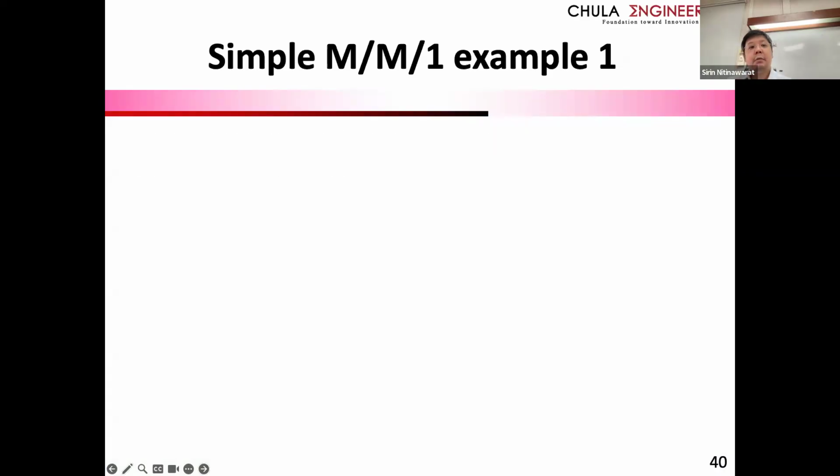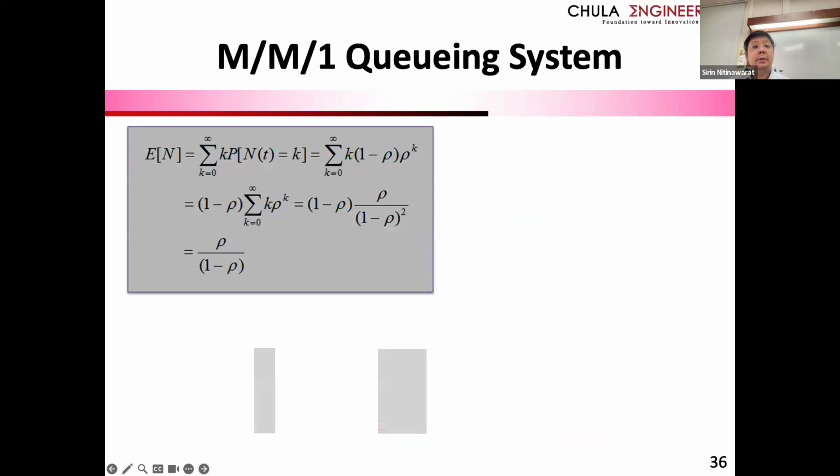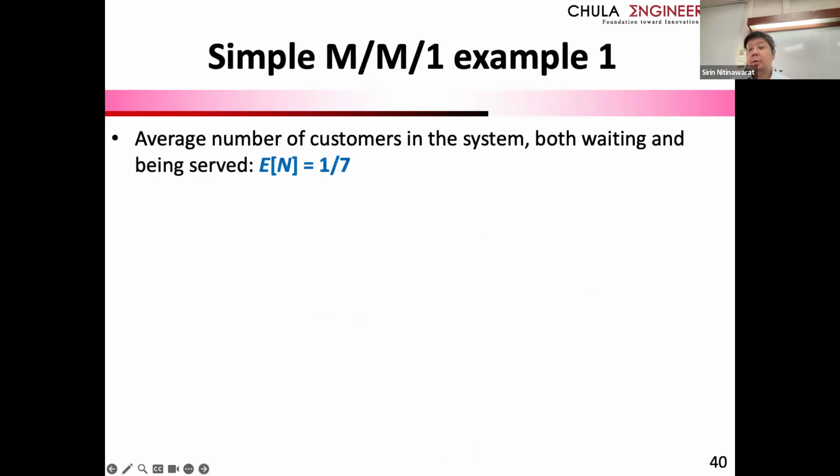Because what is E of N? You remember the formula for E of N? What is the formula for E of N? Rho divided by 1 minus rho, right? So what is that?